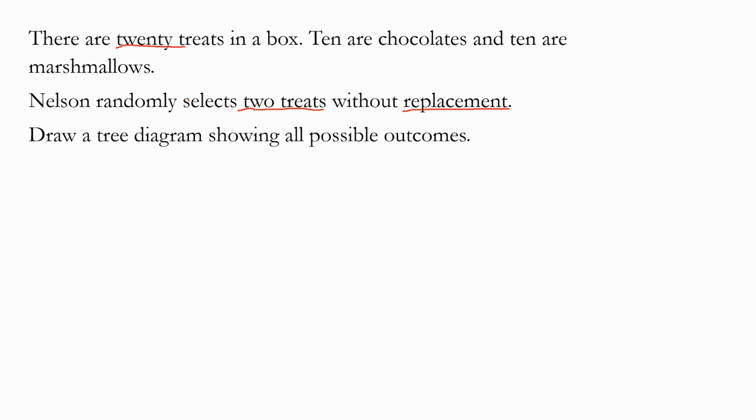So we have, let's use C for chocolates and M for marshmallows. The first treat can be a marshmallow or a chocolate. You see that? And then what are the probabilities?